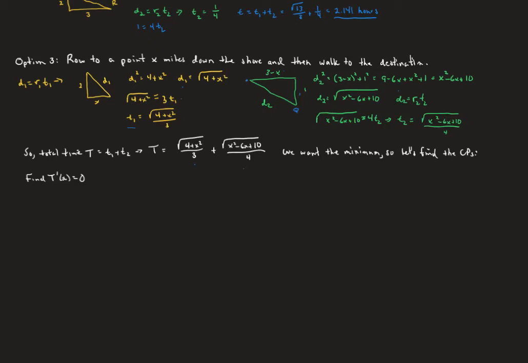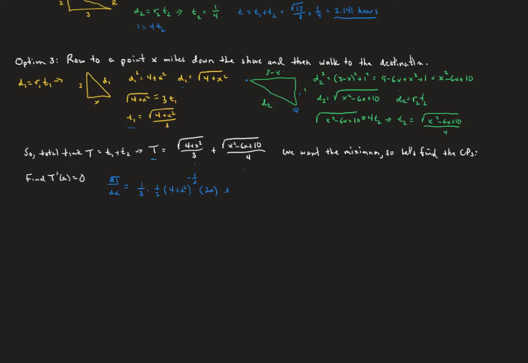So to take this derivative, we're taking dt/dx, the derivative of our total time with respect to x. I'm going to think of that over 3 as just being a 1/3 constant times that radical. And so thinking of that as (4 plus x squared) to the 1/2, this is going to be a chain rule derivative. So it's 1/2 times (4 plus x squared) to the negative 1/2 times the derivative of the inside function, and the derivative of that x squared is going to be 2x.